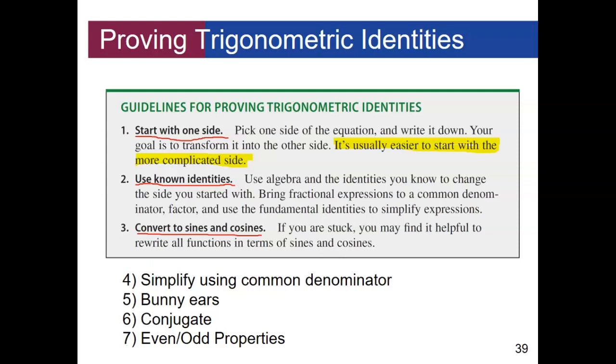You just have to connect the beginning and the end with the part in the middle. So some of the things you'll do are these same techniques we've done before. You'll use known identities, convert everything to sine and cosine, get a common denominator if you need to, use the bunny ears, use a conjugate if you need to, which we'll talk about, and use our even and odd properties, which we'll also talk about.